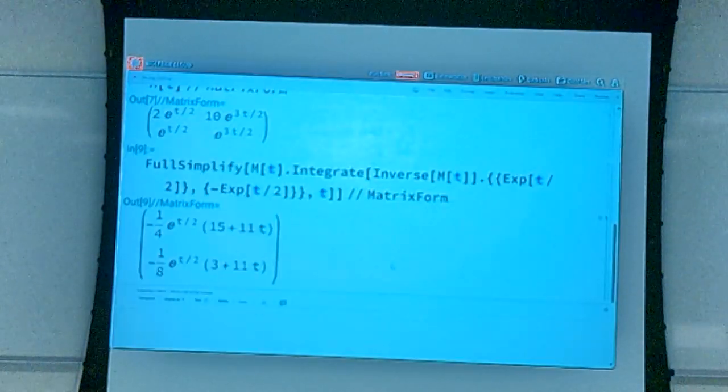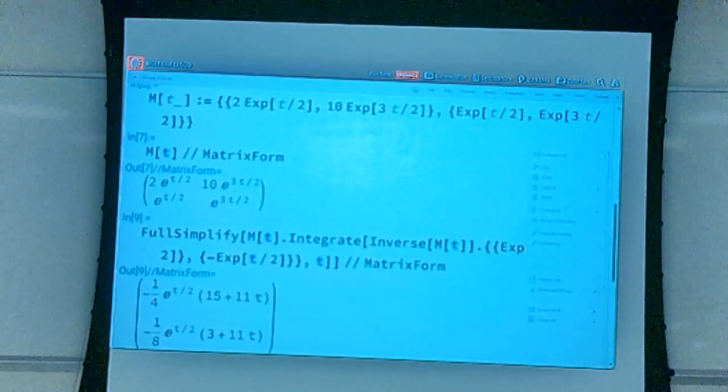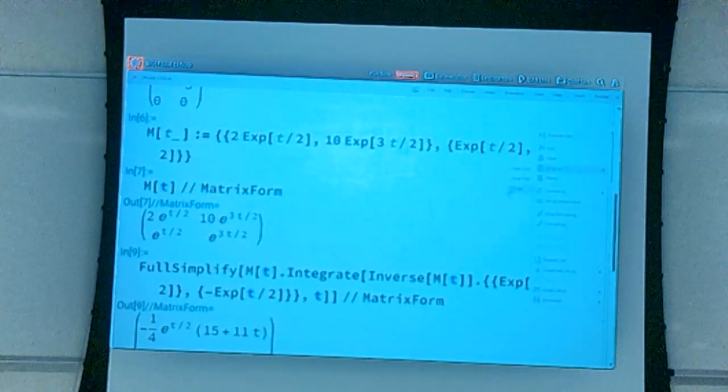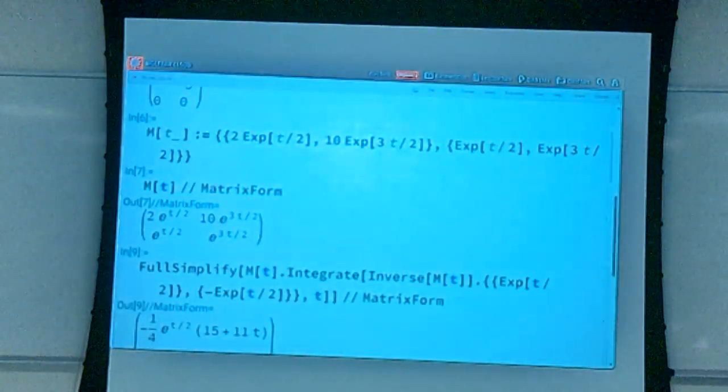There's your particular solution. So again, I'll just take these on the slides.